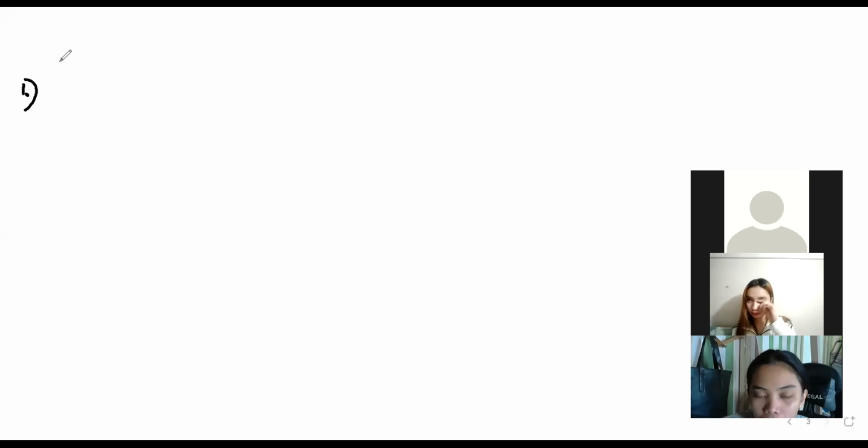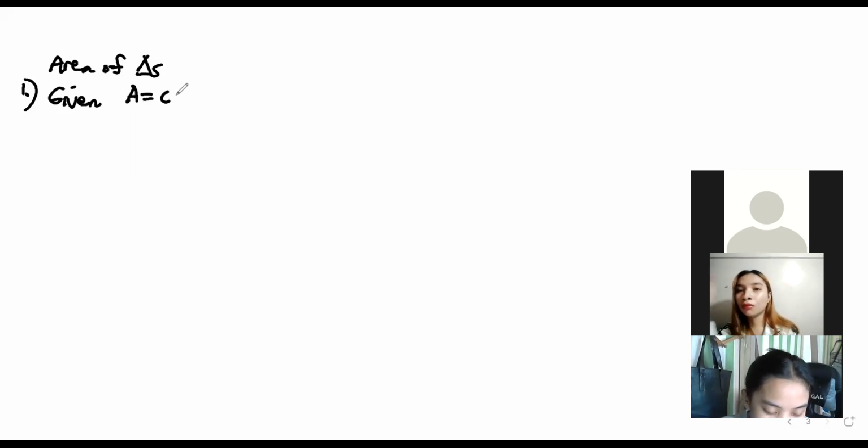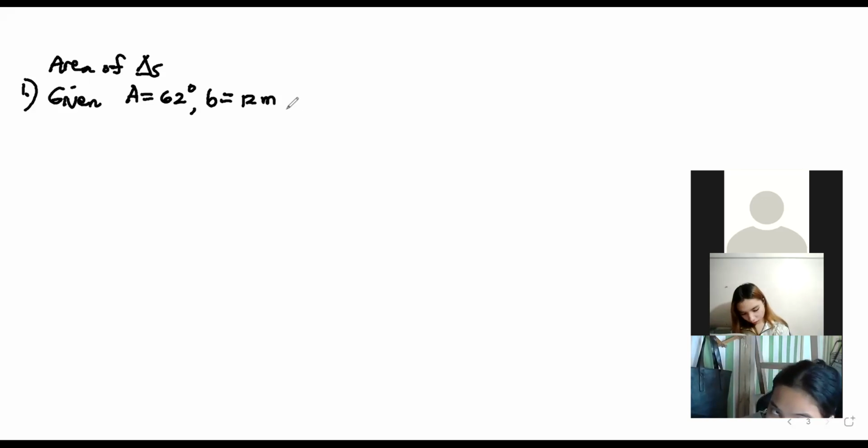For area: find the area of a triangle given angle A equals 62 degrees, side B is 12 meters, and side C is 5 meters.